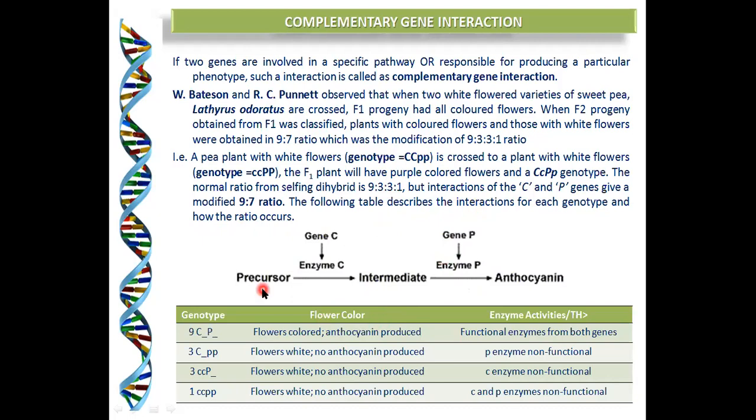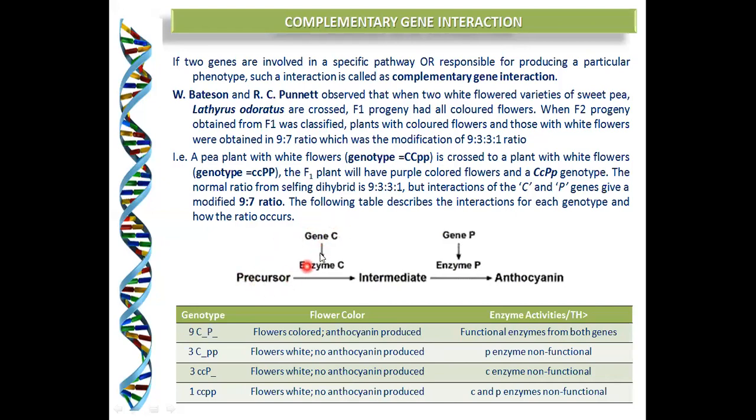Now, there is one precursor inside the flower on which the dominant C gene acts. This is some raw material which is present in the petals of the flower. On that raw material, this gene acts.